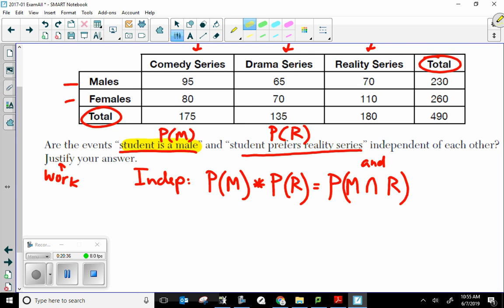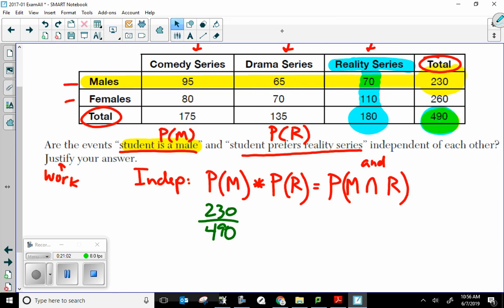All right, male. Here are the males. Boom. There are a total of 230 males out of the 490 people surveyed. So 230 out of the 490. All right. Well, let's go to the highlighter. Blue. Reality series. There are 180 out of my 490.